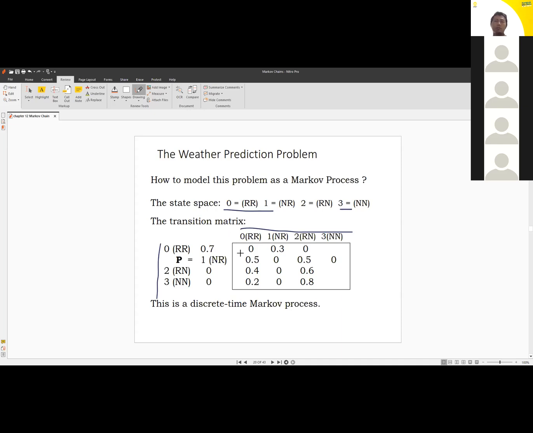So here it is 0, but if it rained today and yesterday, then tomorrow rain becomes 0.7. Then, given today rain, the next day is no rain.